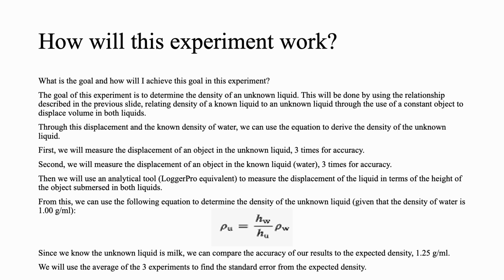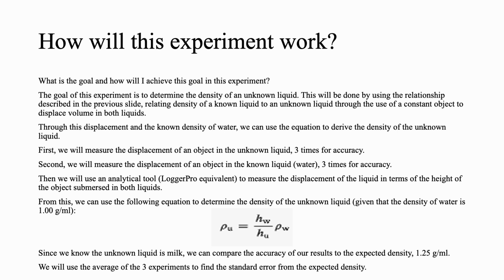First, we will measure the displacement of an object in the unknown liquid 3 times for accuracy. Second, we will measure the displacement of an object in the known liquid, water, 3 times for accuracy. Then we will use an analytic tool, a Logger Pro equivalent, to measure the displacement of the liquid in terms of the height of the object submersed in both liquids.